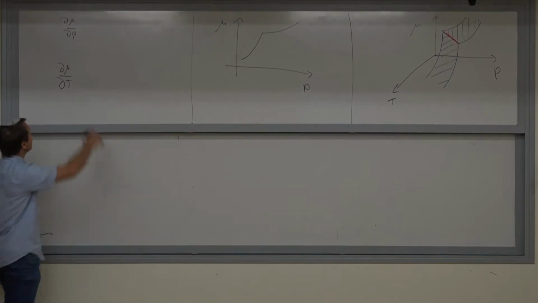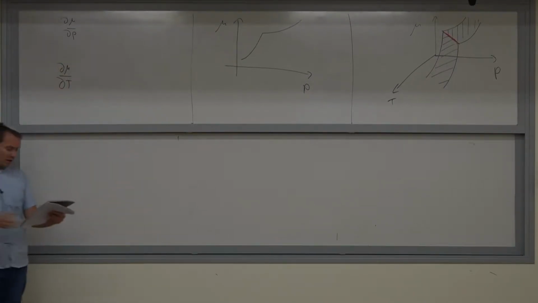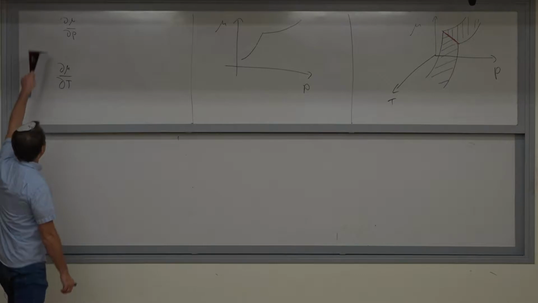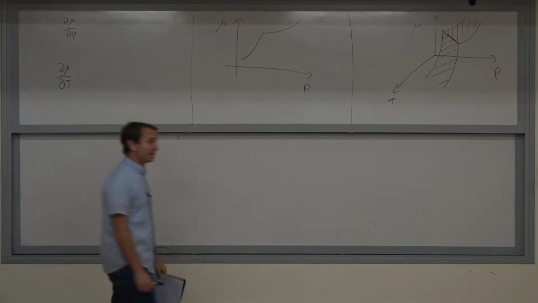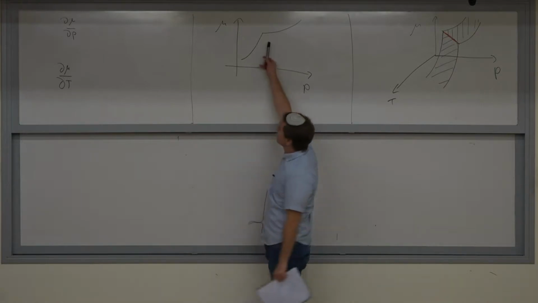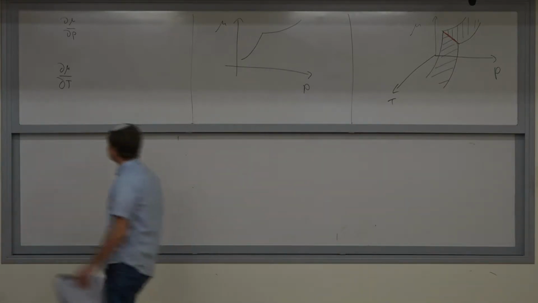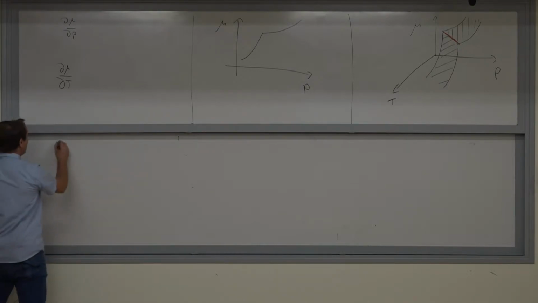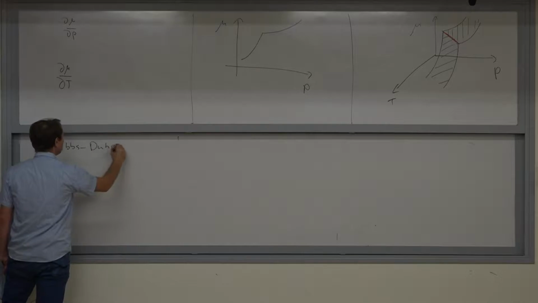How can I write down the derivatives explicitly? What equation can I use in order to see what those derivatives are? I know that they can perform some sort of jump, right? So let's see. I remind you that we derived the Gibbs-Duhem equation.